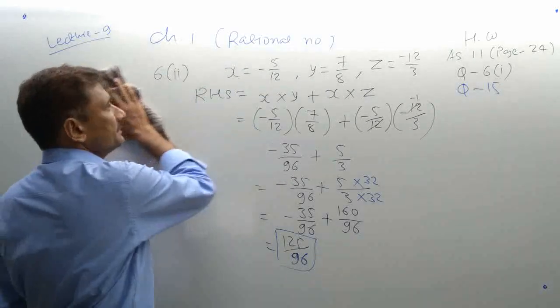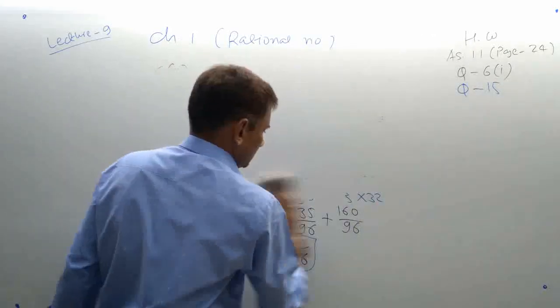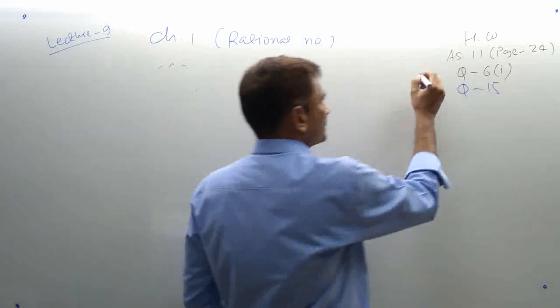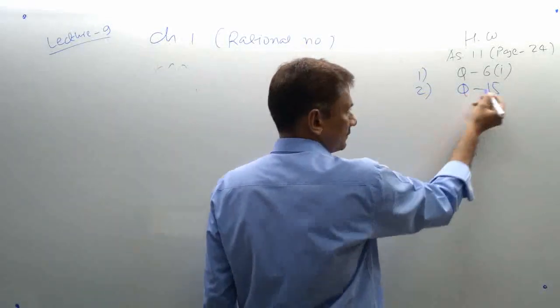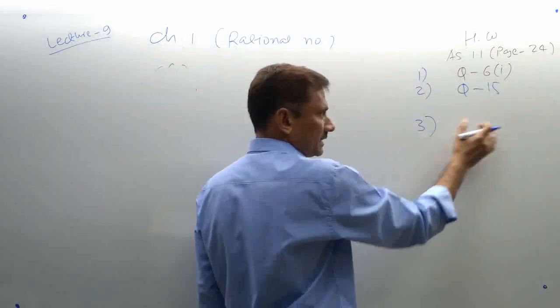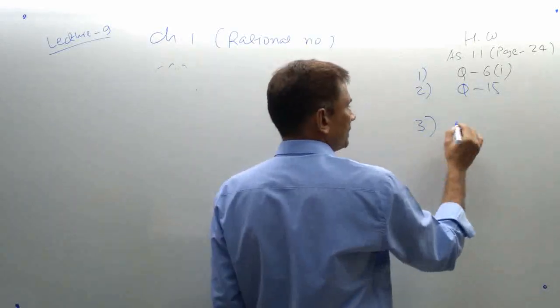Okay, removing this one. So this is our sequence number 1, sequence number 2, where from you have to take, it is there. Now question 3 is independent, I am just giving you here only. Okay, so it is a product.